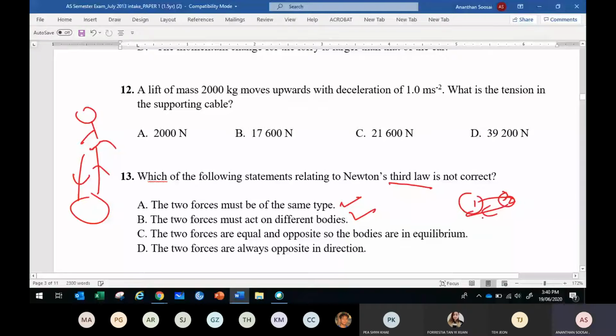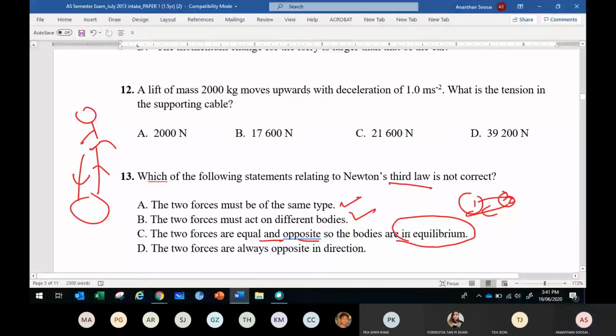The two forces are equal and opposite, so the bodies are in equilibrium. That's wrong. The forces, of course, are equal and oppositely directed, but that doesn't mean the bodies are in equilibrium. The body is not necessarily in equilibrium. The two forces are always in opposite directions. That's correct.